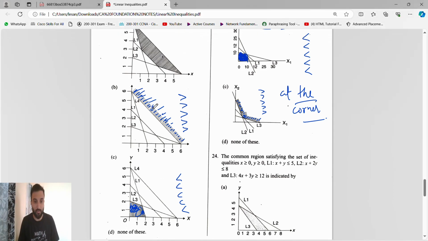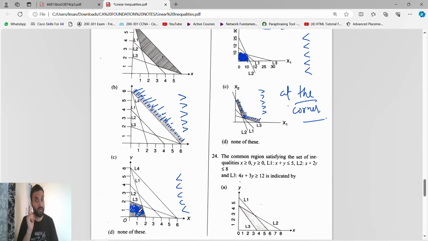And this type, at the corner, means all the symbols are lesser than. So if this is outside, all the symbols are greater than. This is at the corner, so all the symbols are lesser than.